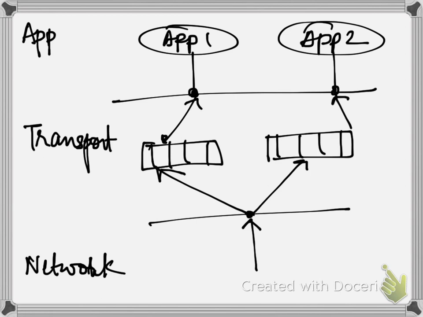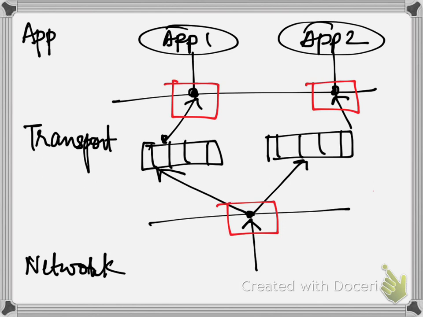Here also the rate at which the application layer reads from the buffer and the rate at which the network layer writes to the transport layer buffers may be different. So it may happen that the application layer is trying to read something from the buffer, but the buffer is empty. Data has not yet arrived. Here if the buffer is full, there is no problem.